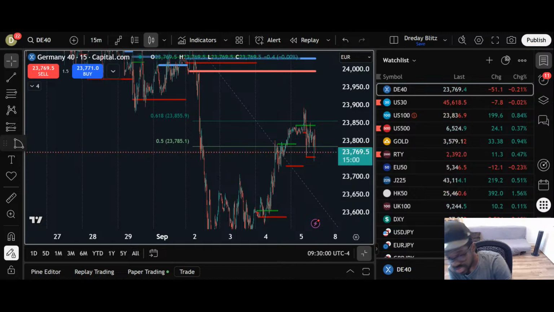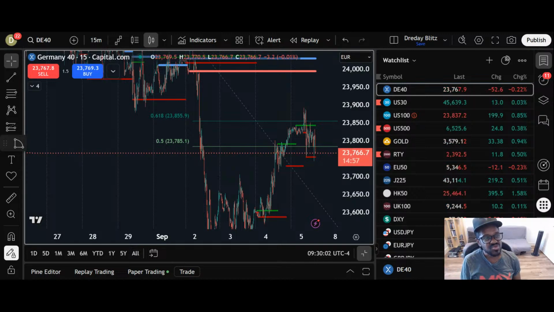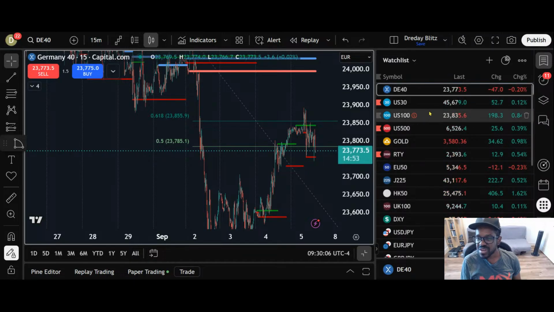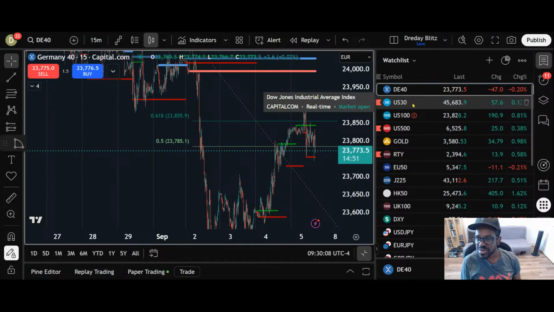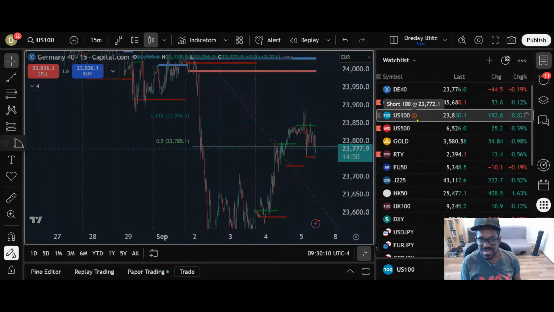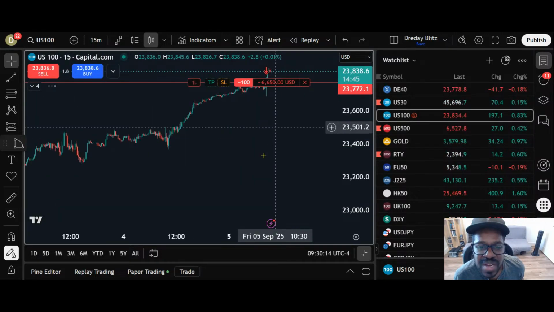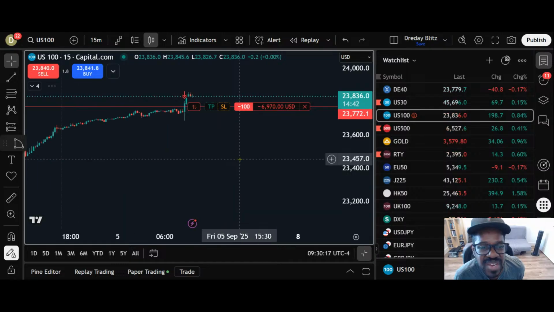I remember that I said to put it on the 30 minutes if you're trading on the 15, but if you're looking at the higher time frame on the 1 hour, that's okay too. So 9:30, market open.